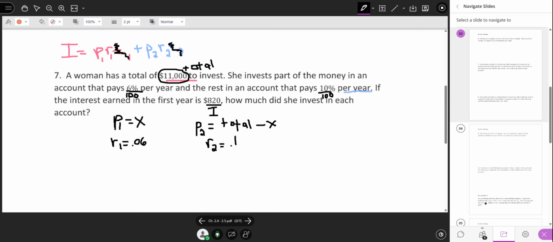Now, I set it up in this formula setup. I, which is your interest amount, is equal to your rate times your principal for the first account, and I tend to like the number and then the X. Then there's a plus, your number, then you got to put a parenthesis because your total here is 11,000.